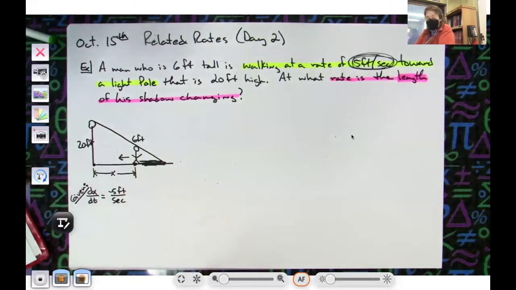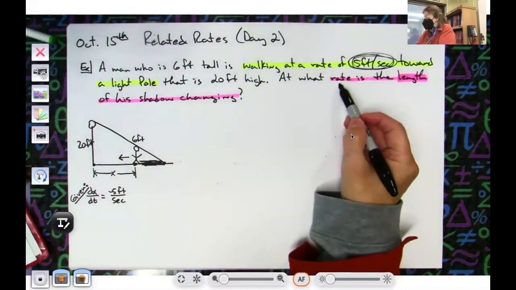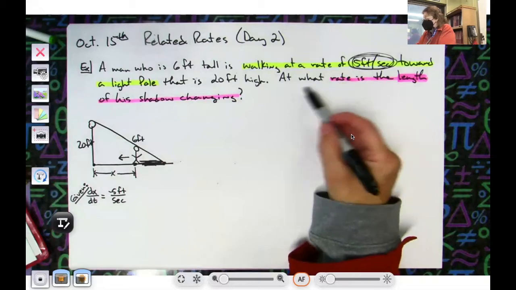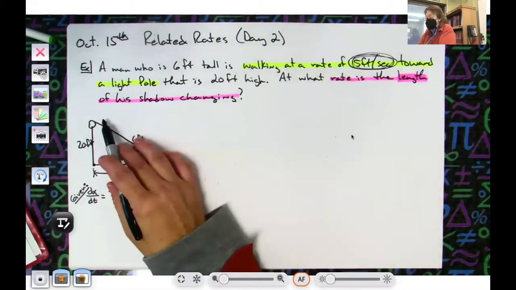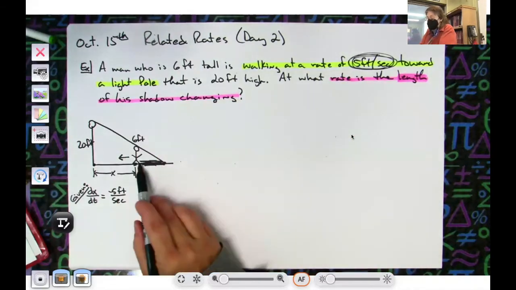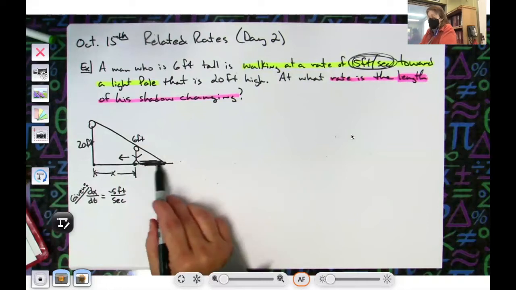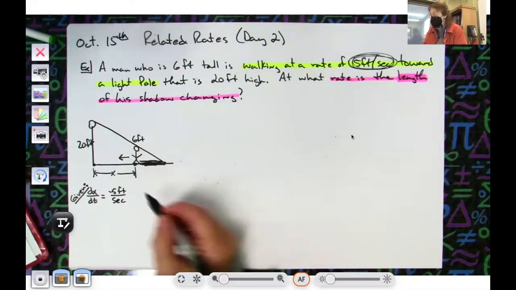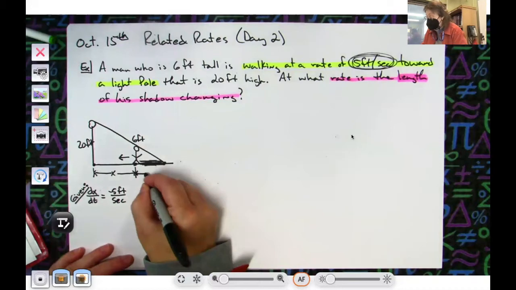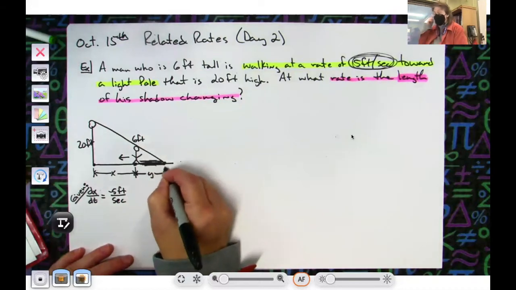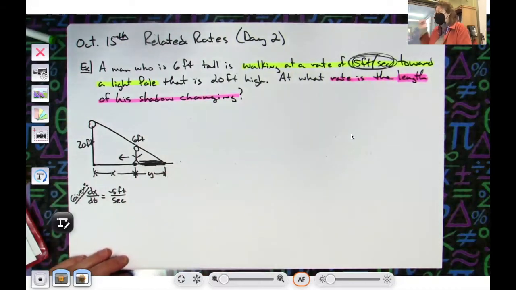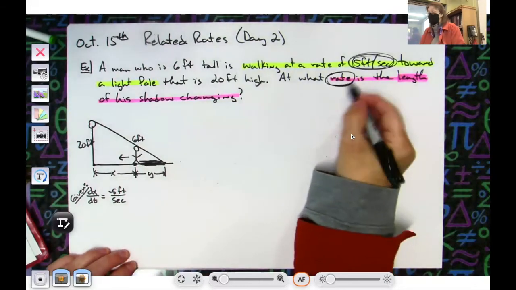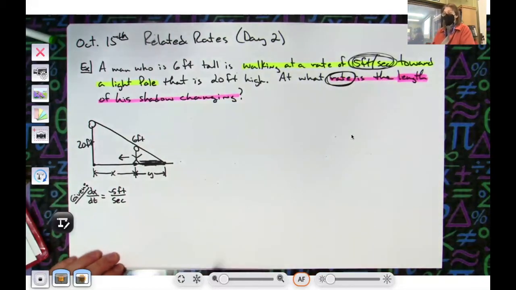Okay, now what do I want to find? I want to find the rate. At what rate is the length of his shadow changing? So this distance here would be the length of the shadow. So I need to come up with another variable. I'm going to say the length of the shadow can be Y. We just need another variable in there. And I want to find a rate, so I want a rate with respect to time.